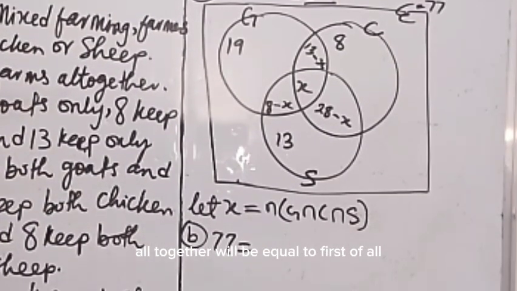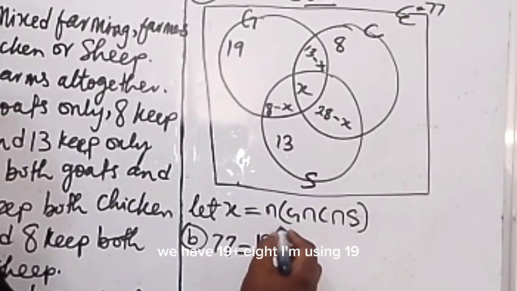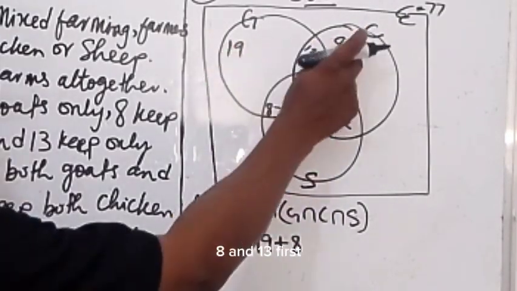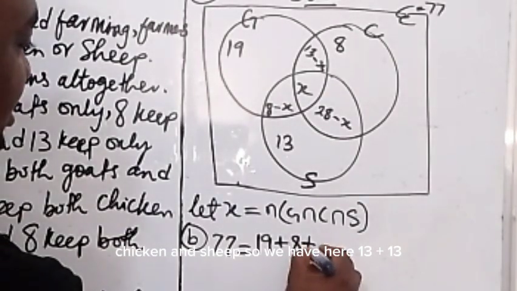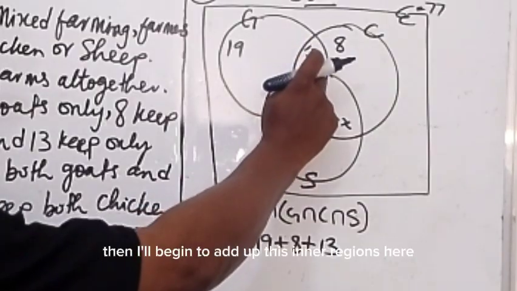All together will be equal to, first of all, we have 19 plus 8. I'm using 19, 8, and 13 first because those are the farms that farm on strictly goats, chicken, and sheep. So we have here 13 plus 13. Then I'll begin to add up these inner regions here.